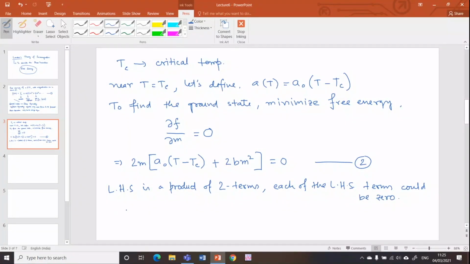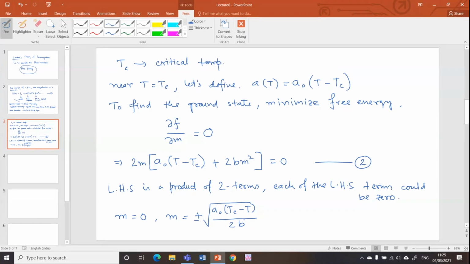So one option is basically m equal to 0, and another option is m equal to plus minus square root of A0 (Tc minus T) divided by 2b.